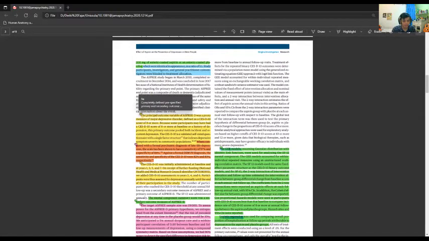As you can see here in the sentence, the principal outcome was a proxy measure of major depressive disorder, defined as CESD-10.